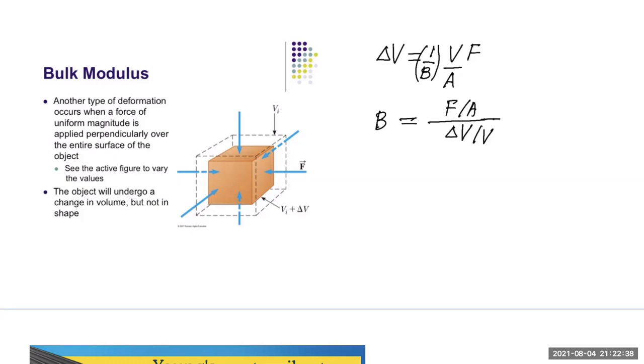So if you keep a definition like this, B is going to be negative, because delta V is the only negative quantity. You don't want that, so you attach a negative sign to the definition of B. It's very important. This will keep B as a positive quantity. So that is the so-called bulk modulus.